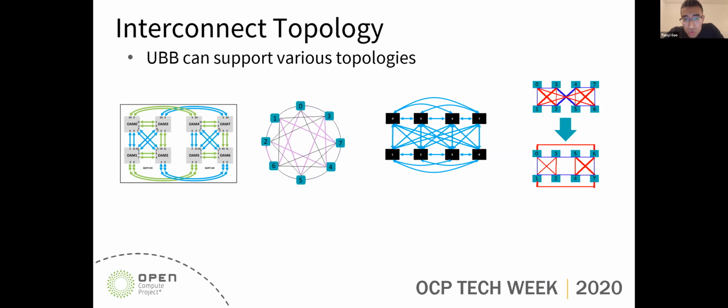So the goal here is to provide high flexibility on the OEM and UBB to enable and promote different AI accelerator hardware and their corresponding topology requirements. So for the UBB spec, it includes different topologies to support different OEMs, but the board level interface and the other parts are highly compatible.